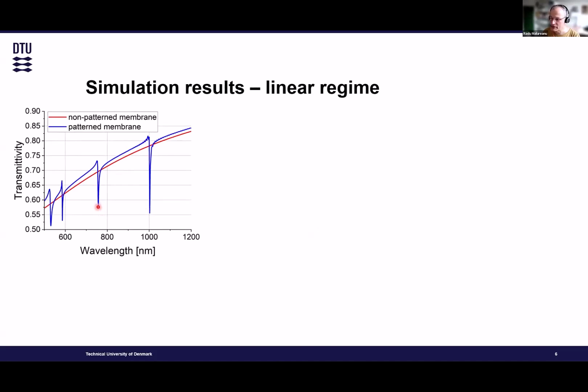That means that the field is absorbed within the membrane at these wavelengths, and then we can hope that because the field is absorbed, we get some enhanced nonlinearities at specific wavelengths. And we concentrate on this one mainly because it's easy to access with the lasers that our collaborators have.